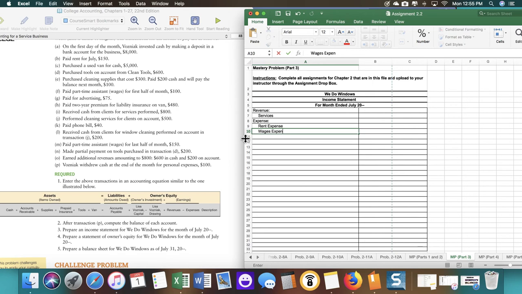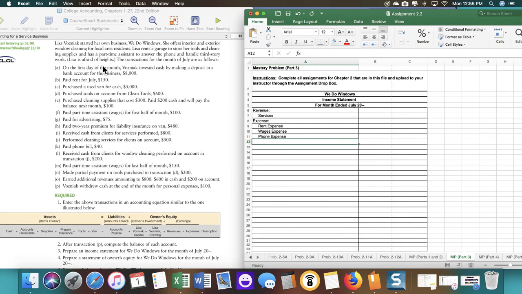So we have wages expense since we paid an employee. Insurance is an asset. Phone bill, so we have phone expense. Okay, and so those are our 3 expense accounts.